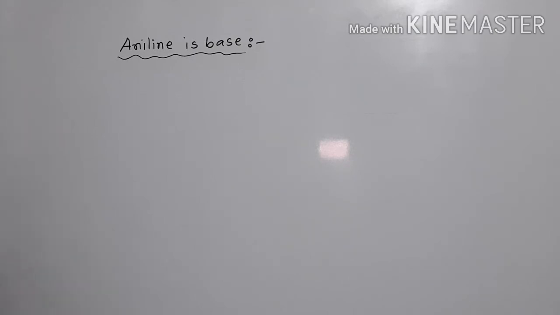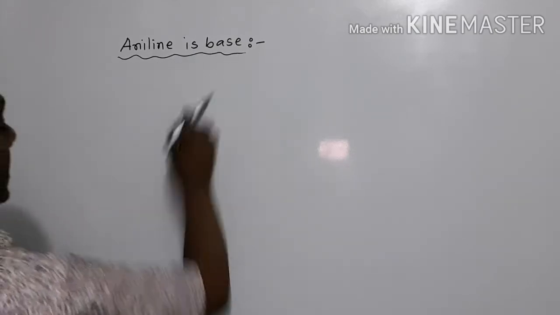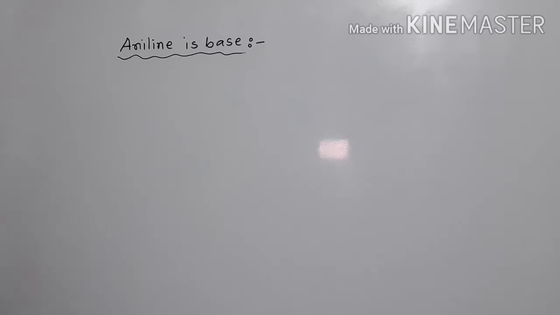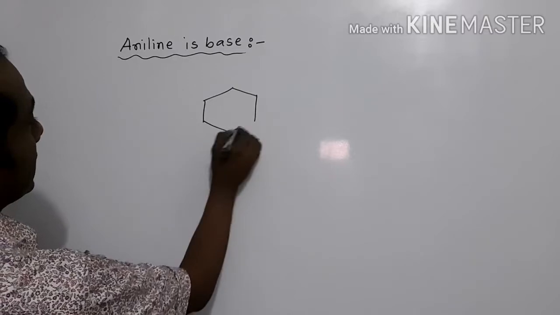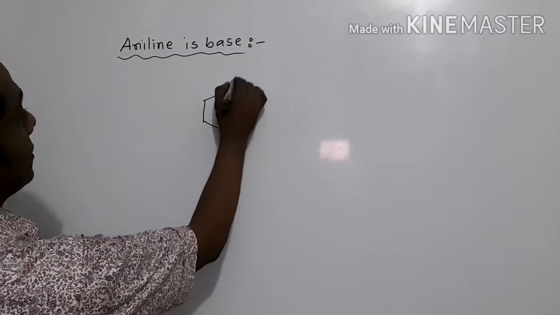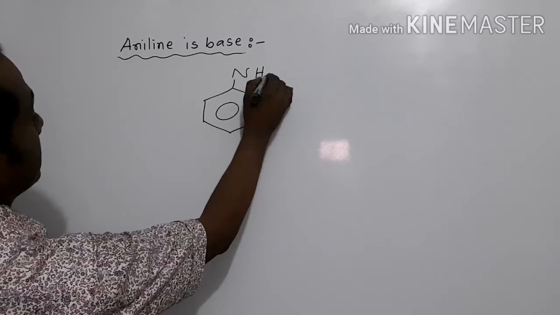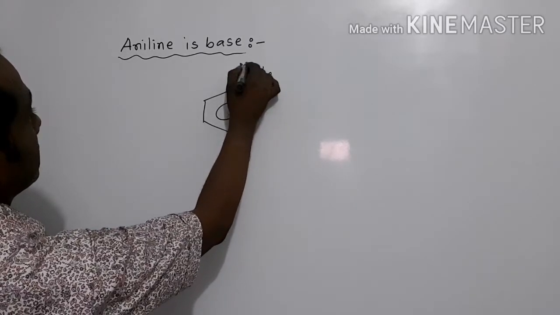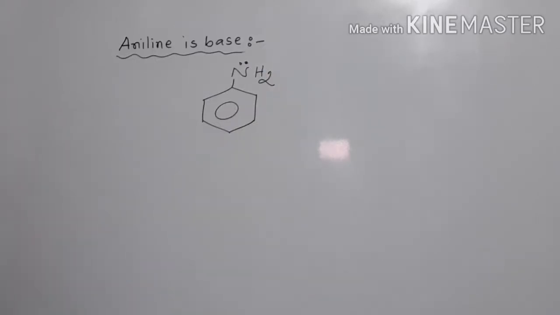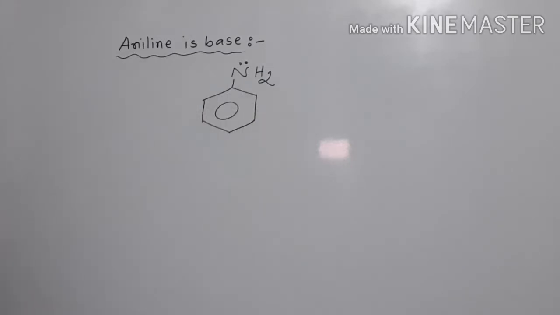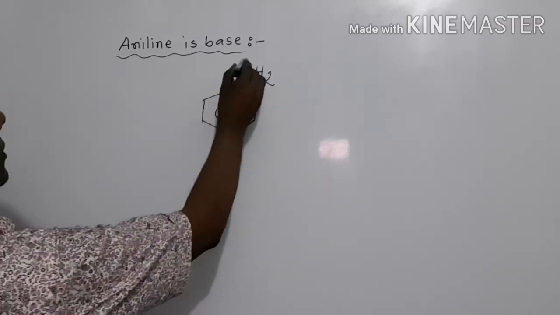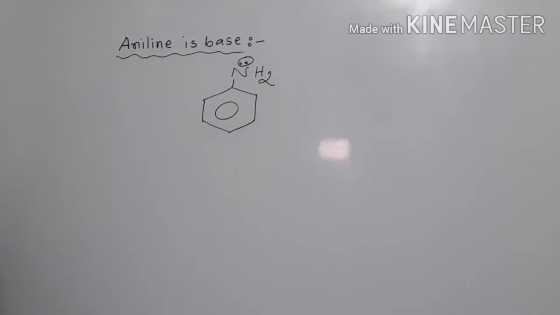Now, we discuss why aniline is a base. That means why aniline acts as a base. Structural formula of aniline is this one. In the nitrogen atom of aniline, there is a lone pair of electrons present.